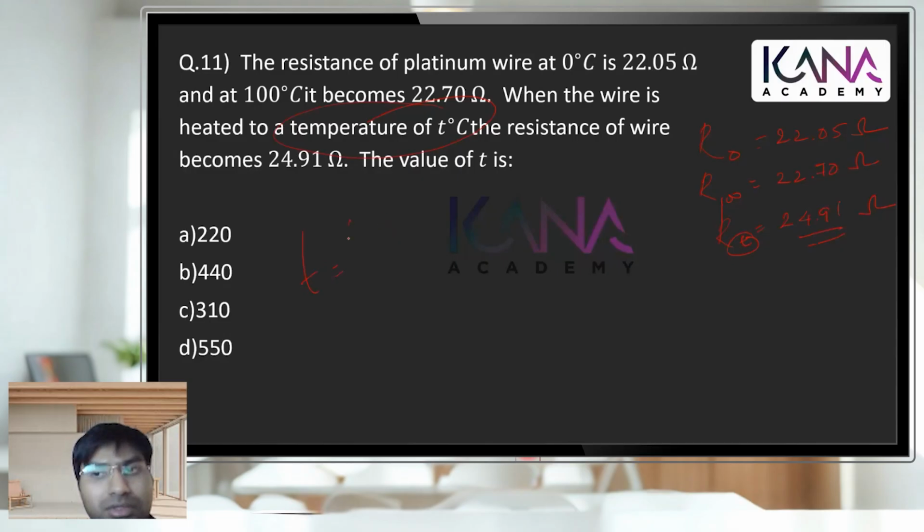T is nothing but RT minus R0 by R100 minus R0 into 100. So RT minus R0 is 24.91 minus 22.05. So the numerator will be 2.86. Denominator will be 0.65 into 100. So this will be 4.4 into 100. So this will be 440 degrees Celsius.